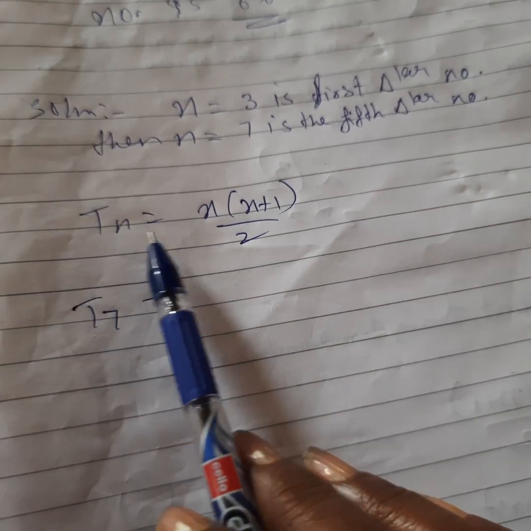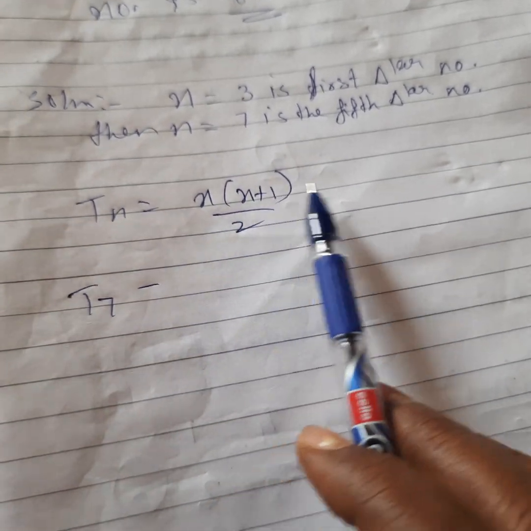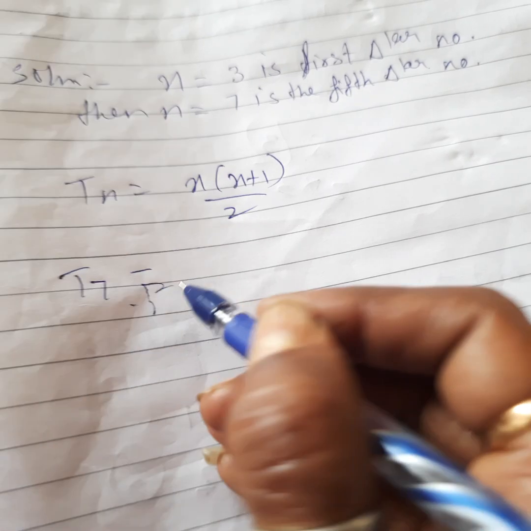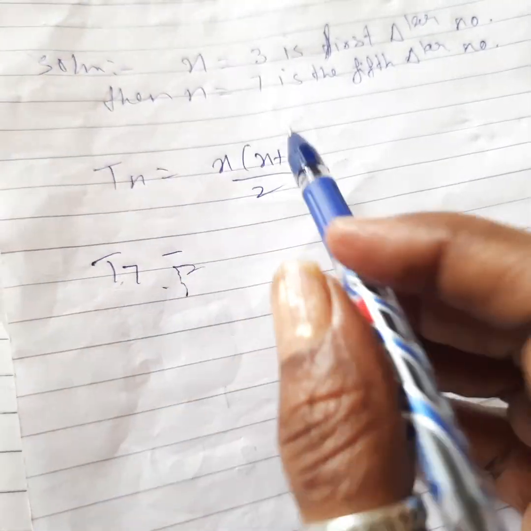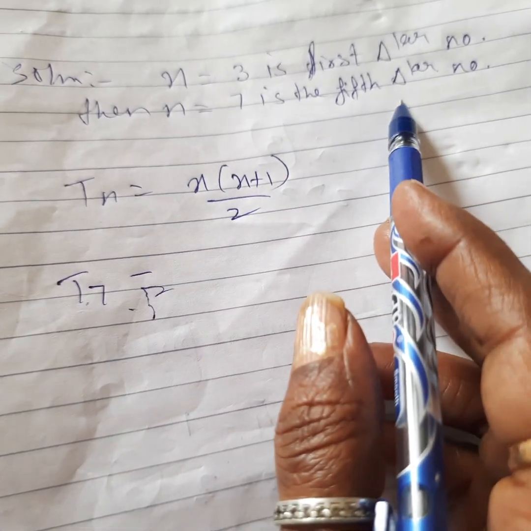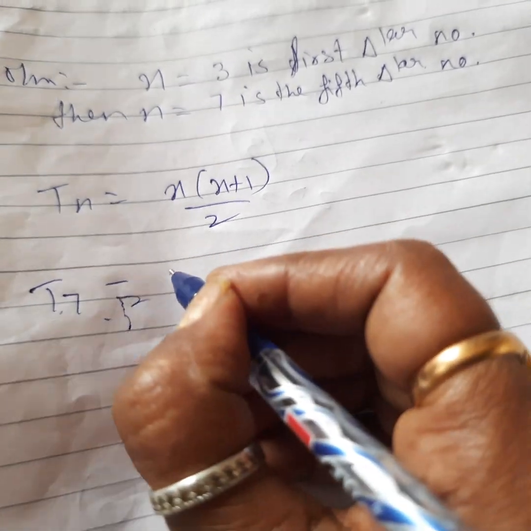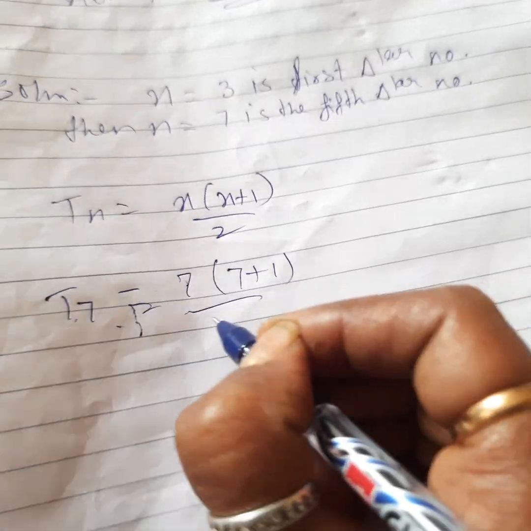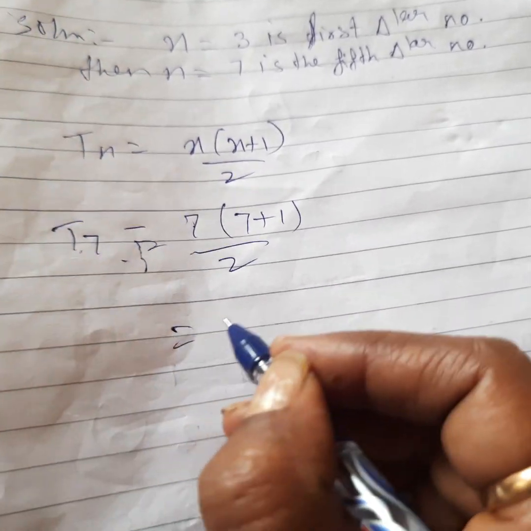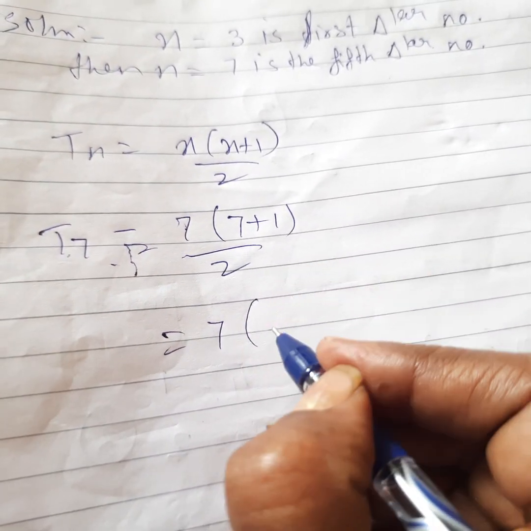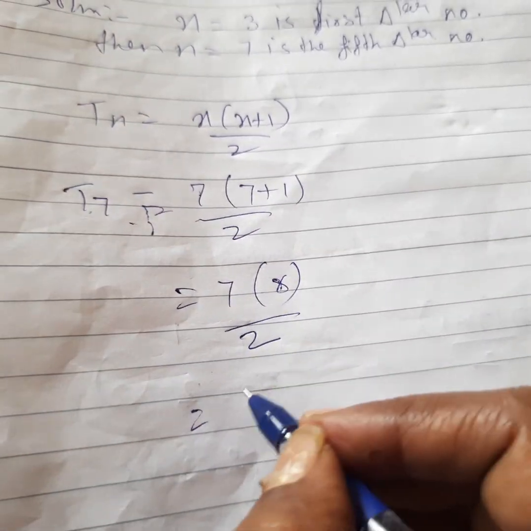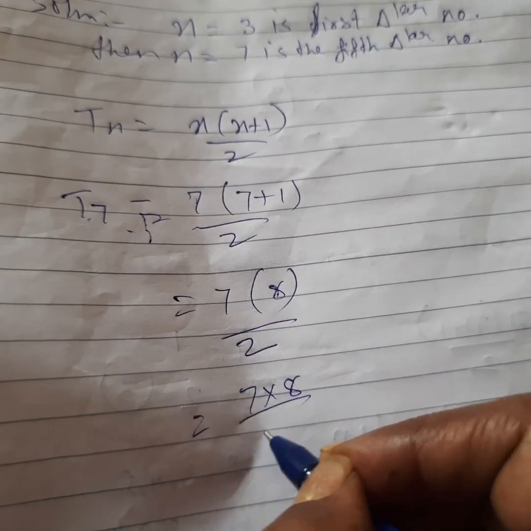So Tn is n bracket n plus 1 upon 2, that is T7. That means n is equal to 7 is the fifth triangular number. So here put 7 wherever n is. 7 bracket 7 plus 1 upon 2. 7 plus 1 is how much? 8 upon 2. That is equal to 7 into 8 upon 2.